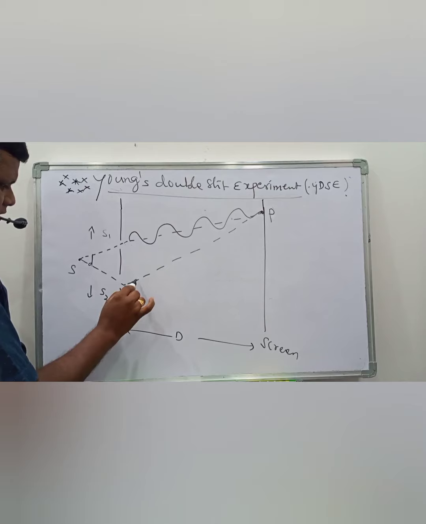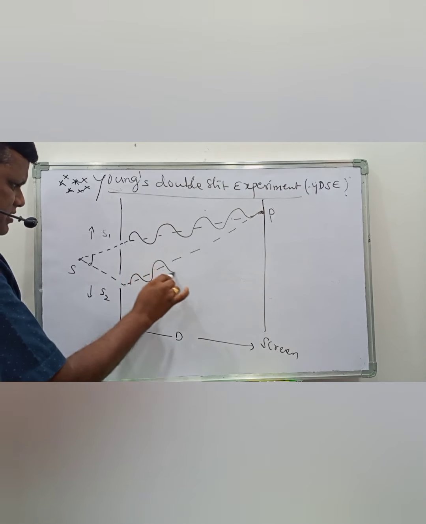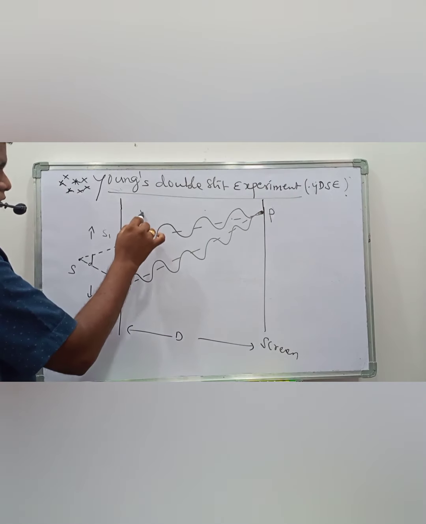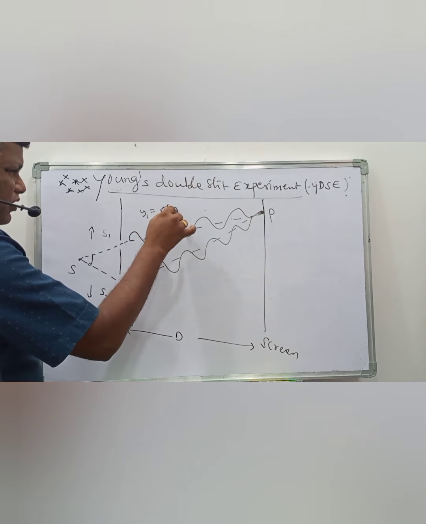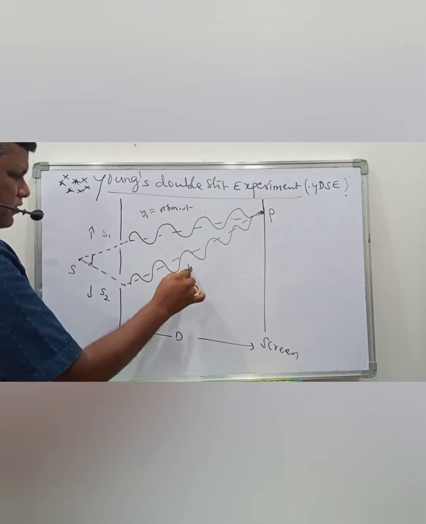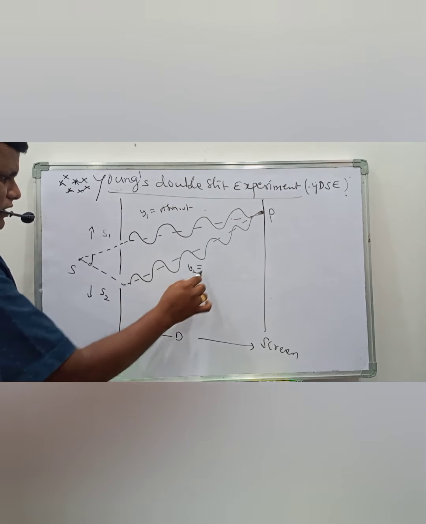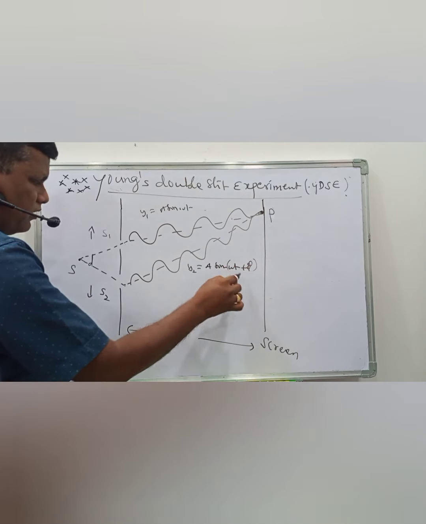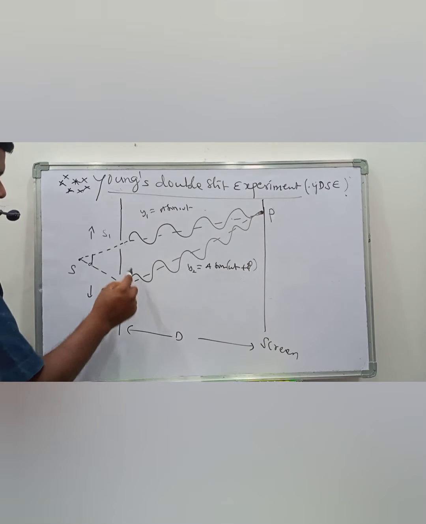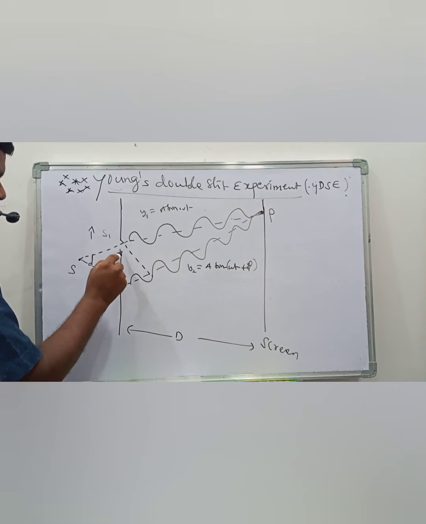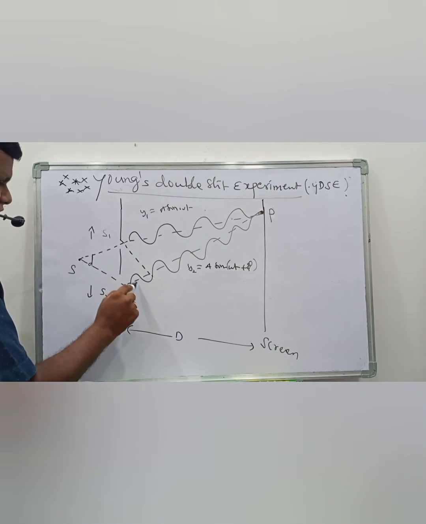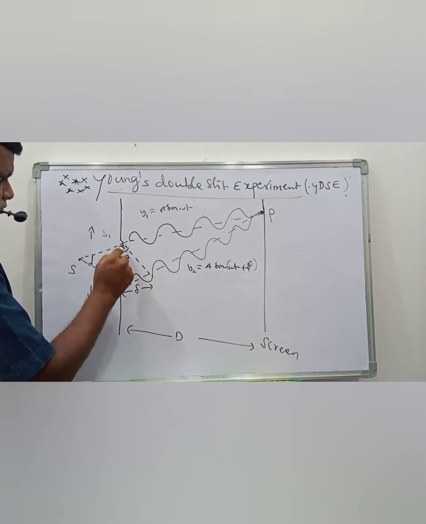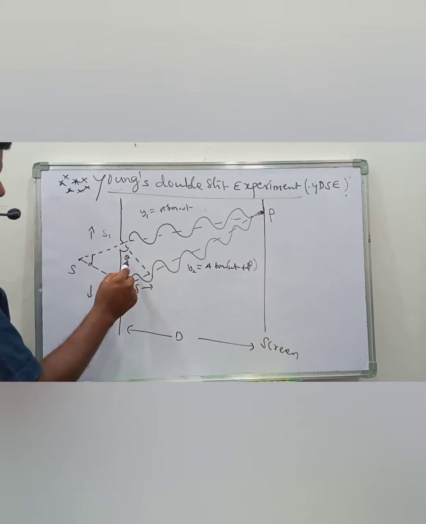Let us consider a source of light S that emits light waves which are illuminated towards the slits S1 and S2. Then they are superimposed at the point P. There is a path difference delta and phase angle theta.